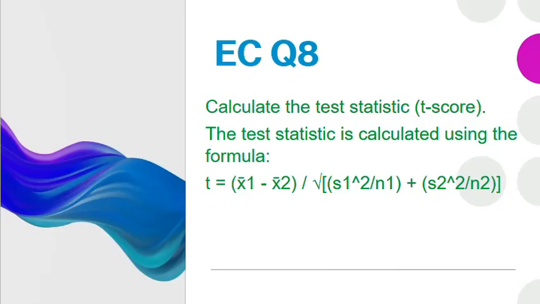Within the square root, we have two other parentheses. The first is S1 squared, the standard deviation squared for value 1, divided by N1. And we add the second, which is S2, standard deviation value 2 squared, divided by N2, the sample size.